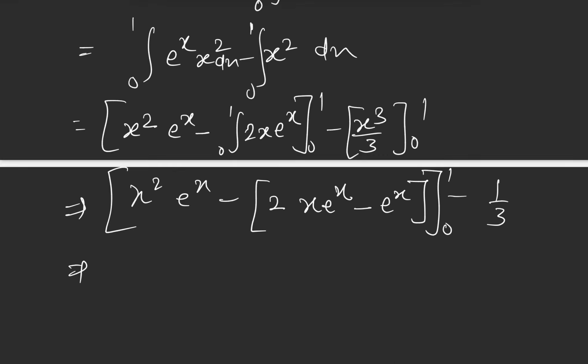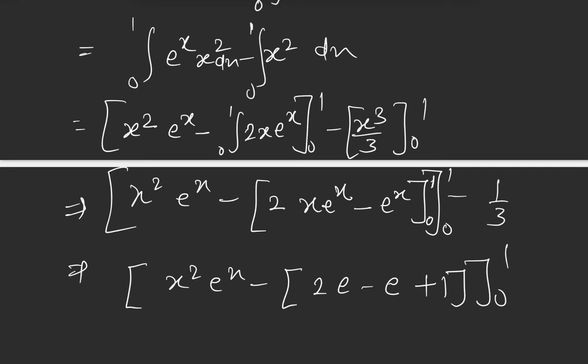So first if I give 1 here, it is x square into e power x minus, if I keep 1 here, it will come 2e minus e, minus and minus plus 1. Okay, 0 to 1, minus 1 by 3.